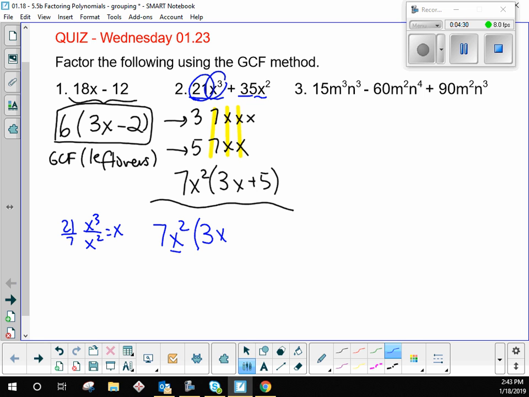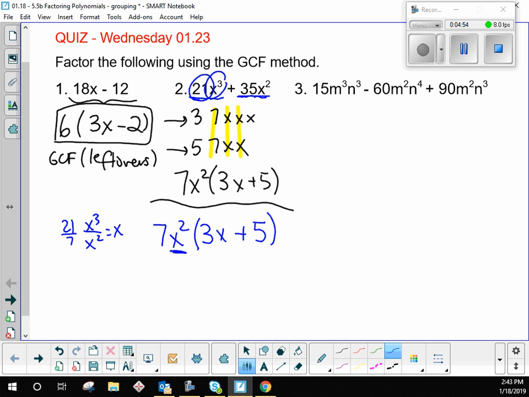Just 1x. I just have that one left over. Okay? And then plus, what's 35 divided by 7? And what's x squared divided by x squared? 1. It's 1, right? Not 0. And then times 1, you don't have to write, right? See how I got the same thing?